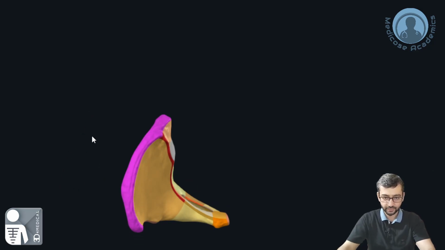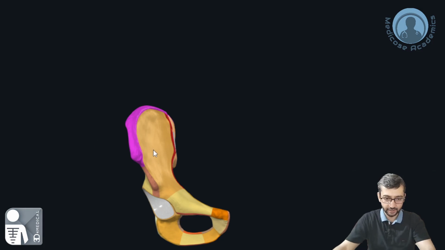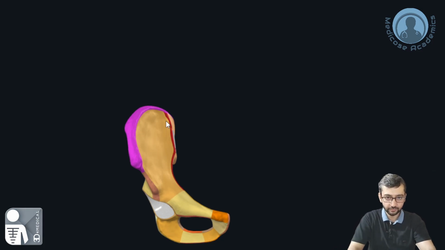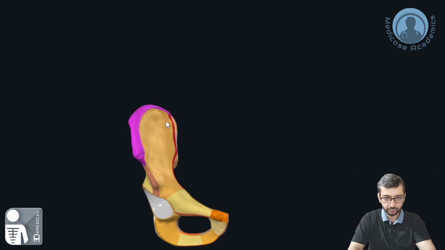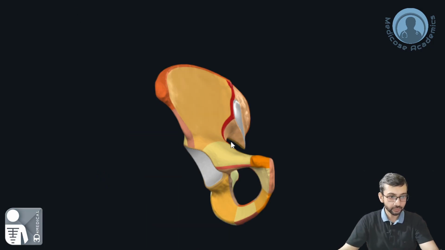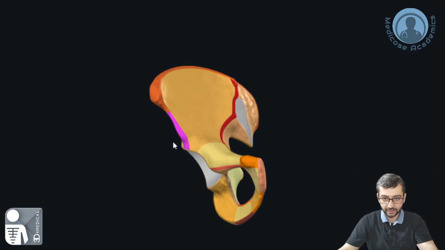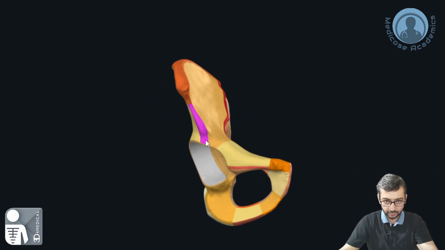three borders. We have its anterior border, that is in the front. So the three borders are: this anterior border, the one running all the way from the anterior superior iliac spine down to the acetabulum.